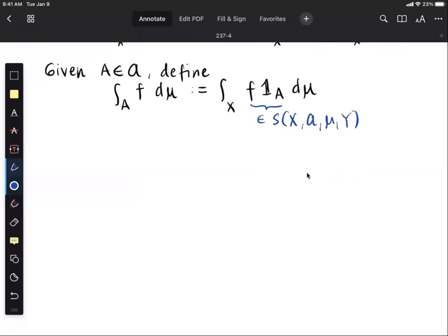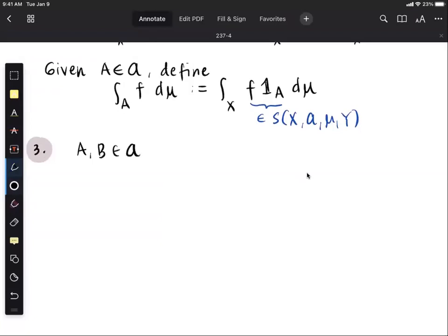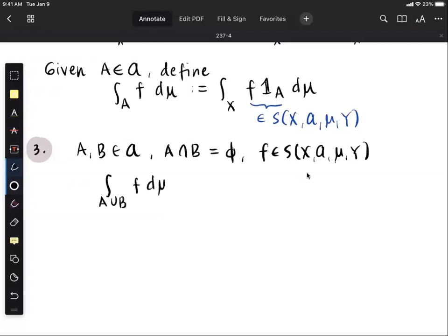Okay, so with this, we have the additivity, which means that if I have two elements of the algebra, say A and B, pairwise disjoint, so the intersection is empty, and I have a simple function f in this pre-measure space with values in Y, then the integral over the union of f should be the sum of the integrals over A and over B. So integrating over a pairwise disjoint union is the same as integrating on each set and then taking the sum.